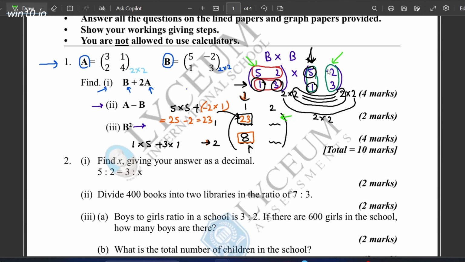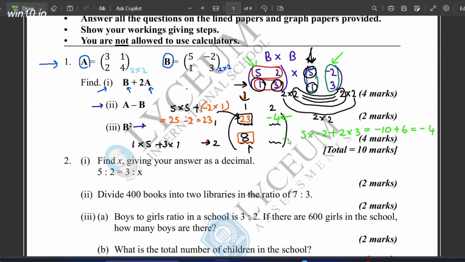Then 5 times minus 2 plus 2 times 3. Then the answer is minus 10 plus 6 equals minus 4. So this is minus 4.